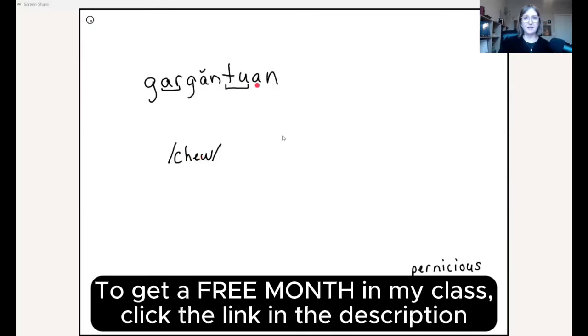Now look at that. Here's that A again. When A is toward the end of a longer word and there's a consonant after it, it's going to change to the schwa sound and say uh. So I'll break this up for you. Go ahead and pencil read this word.